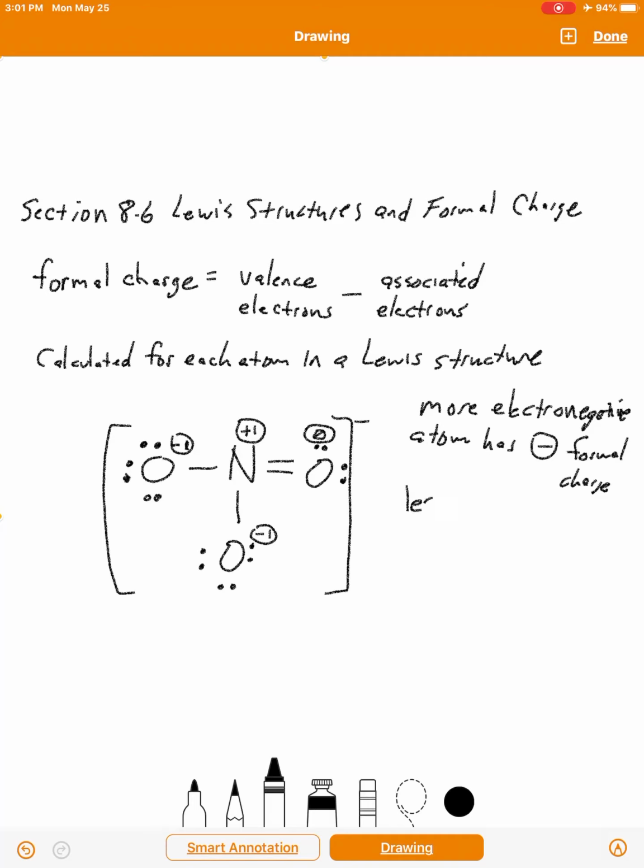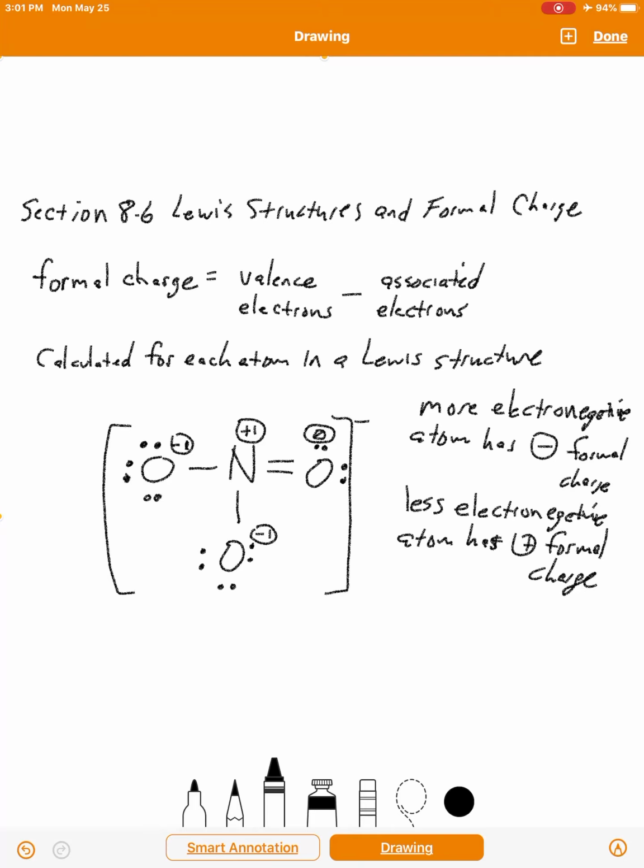The less electronegative atom has a positive formal charge. So if there are formal charges that are positive or negative, the more electronegative element should have a negative formal charge. And if there's a positive, the less electronegative atom should have a positive formal charge.